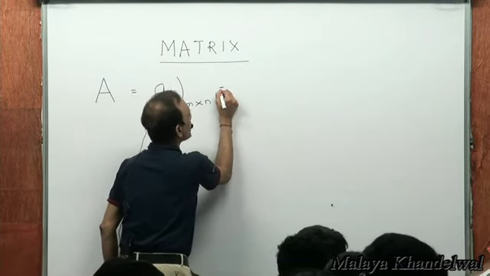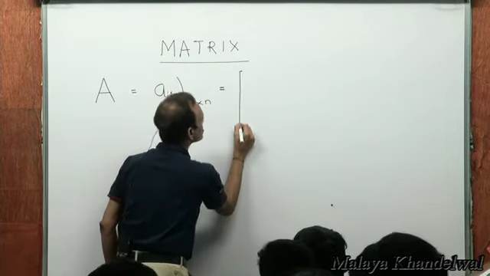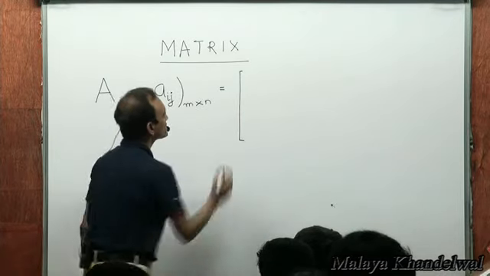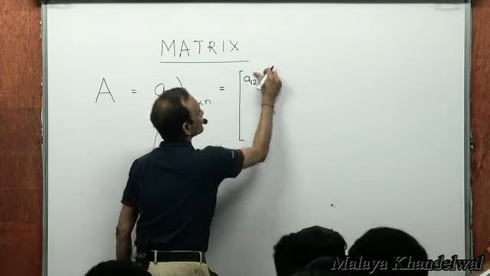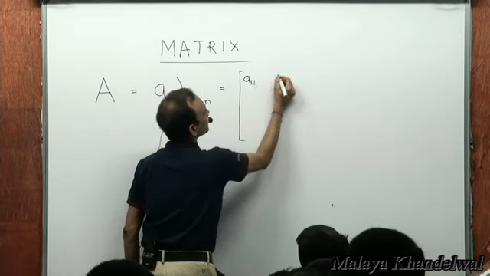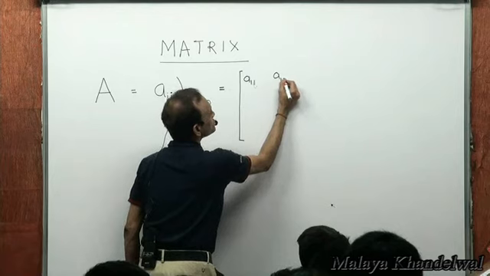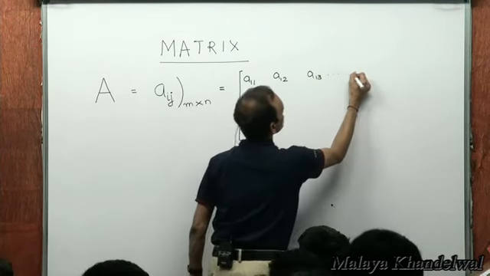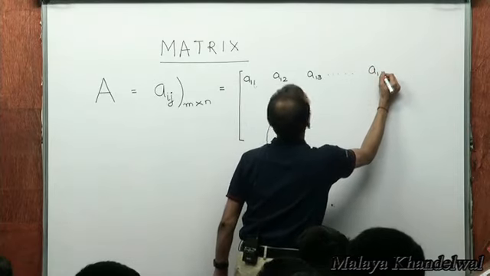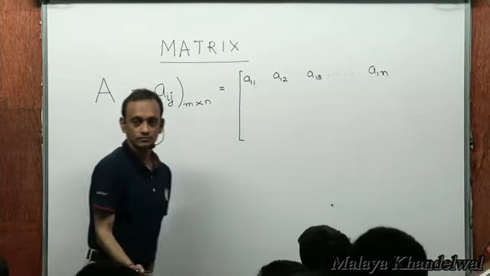It is represented by this symbol. It's like the first row, first element, first row, second element, first row, third element, first row, nth element.